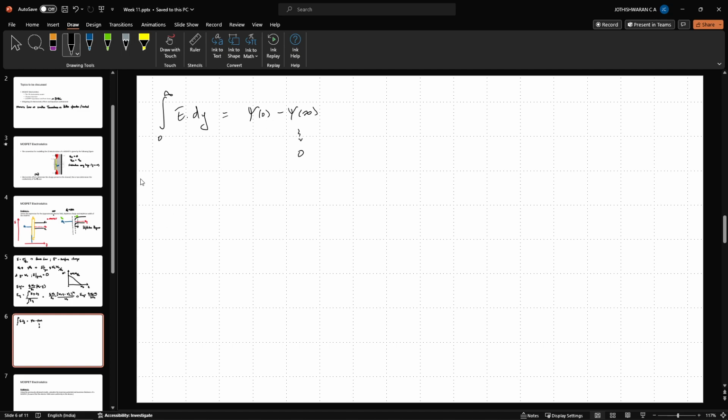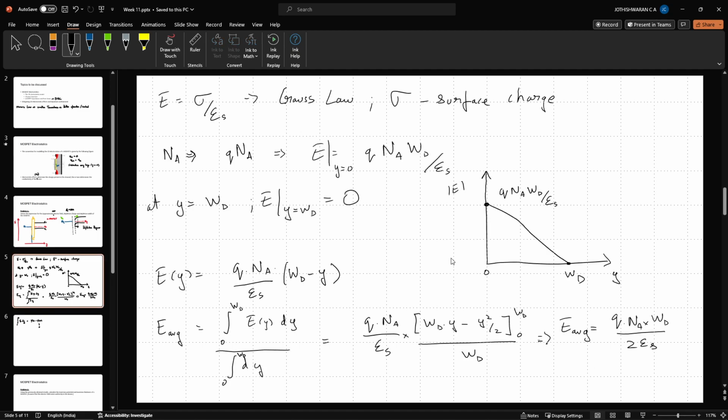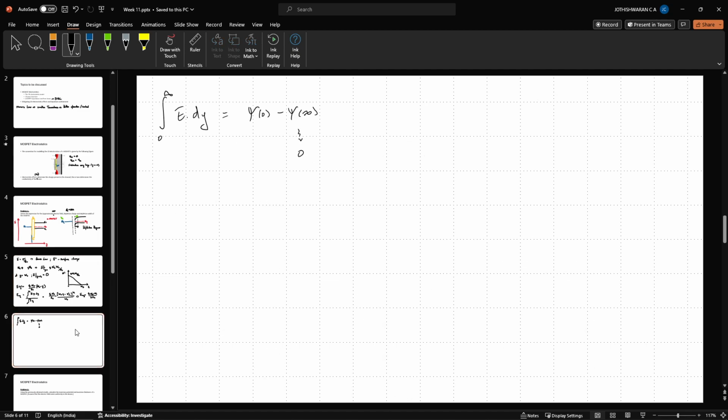So this is just the area under this curve, which is the area under this triangle. Therefore, E naught into WD divided by 2 is equal to psi s. So this is our second relation.